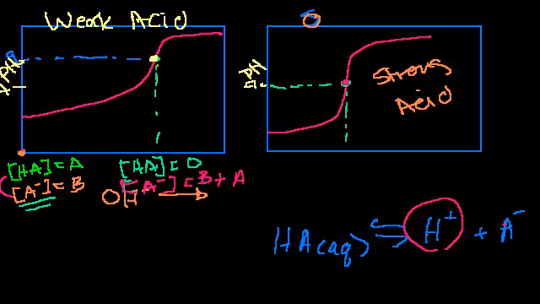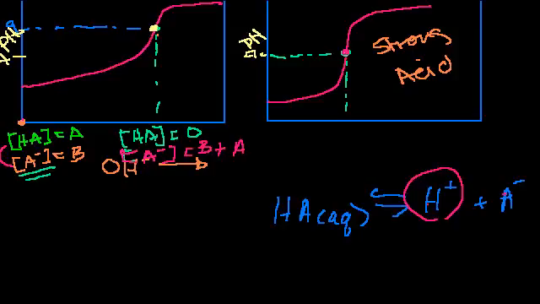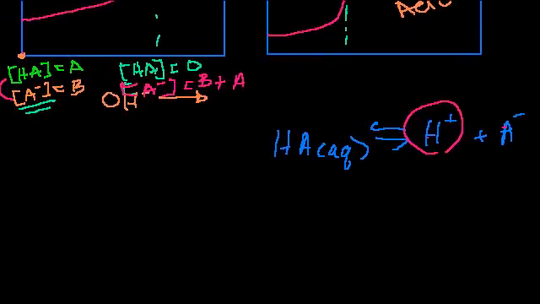I always have trouble pronouncing the second L in Hasselbalch, but I'm doing my best. Let me do it here. This is only true of a weak acid or a weak base.